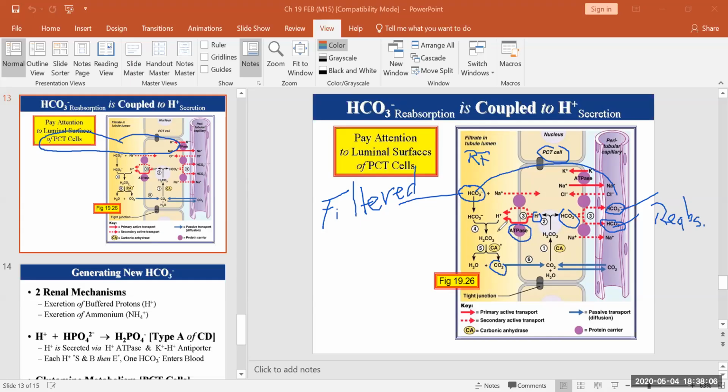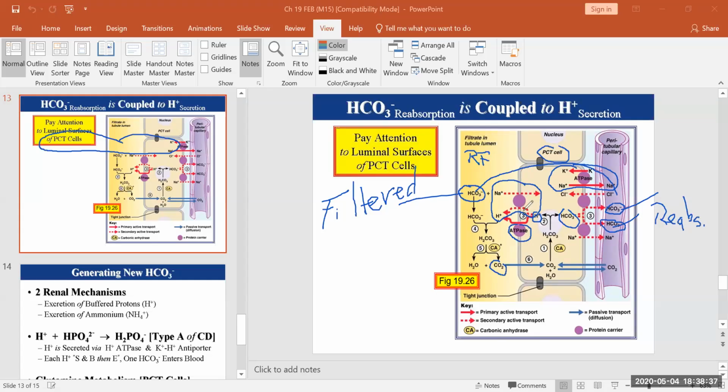Okay? There's another mechanism. This is the secondary active transport. This part here. Sodium gets in and proton gets out. The reason why sodium gets in is because of this sodium potassium ATPase. That mechanism we learned already. So this sodium potassium ATPase creates a concentration gradient of sodium, allowing sodium to get in and kicking out proton.